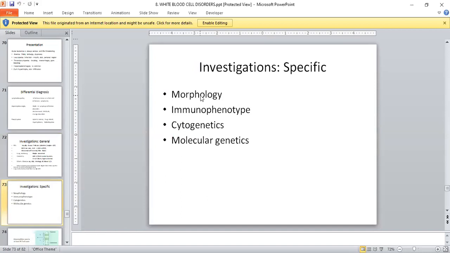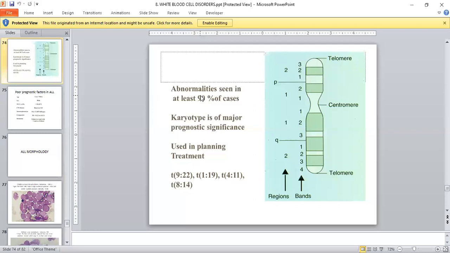Of importance to note in the investigations, there's this thing called the Philadelphia chromosome. It is commonly implicated in ALL, and in what we'll see later, CML, chronic myeloid leukemia. The Philadelphia chromosome is a shortening of chromosome 22.